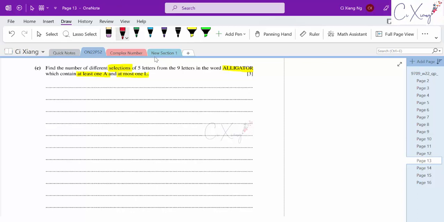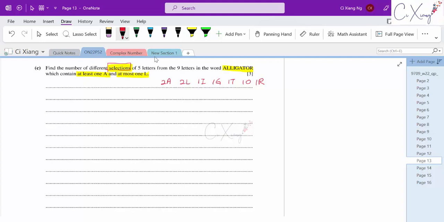Okay, so again, I will try to list out. I have 2A, 2L, 1I, 1G, 1T, 1O, 1R. I need to list out the number of selections for combination, right? Especially for the cases where we have identical letters, we actually need to list out the cases, case by case.